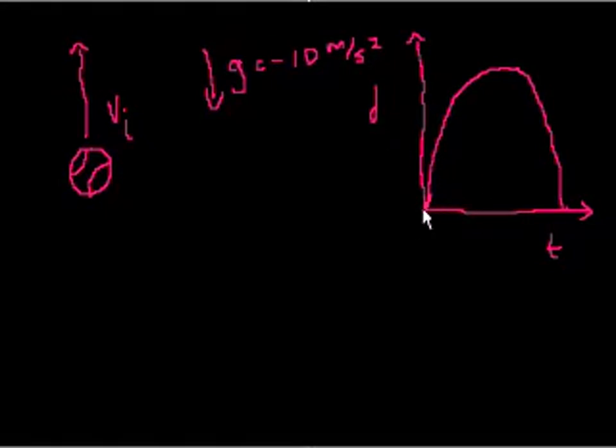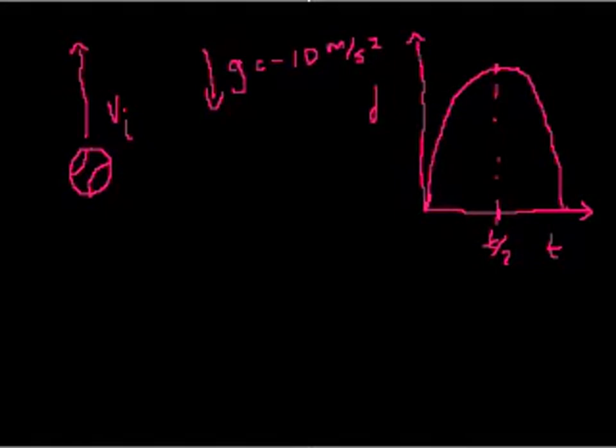So there are a couple of interesting things here. The time at which its velocity is 0, that point right there, is going to be at t over 2. And we know that this shape is actually a parabola, if you remember that from Algebra 2. Why is that a parabola? Well, we figured out the equation using that previous formula.